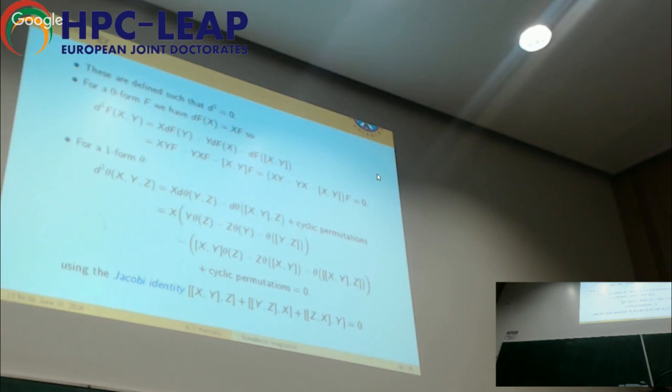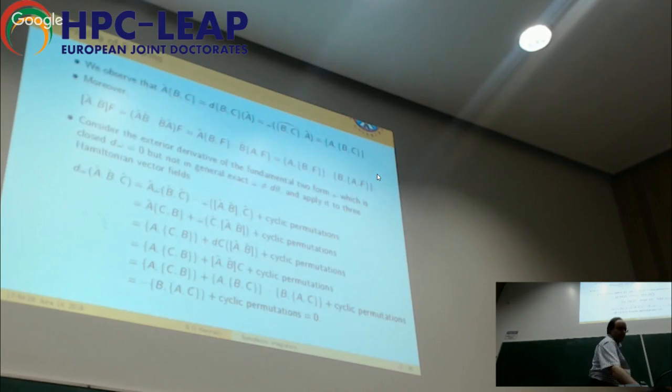You just expand out all the commutators and you'll see that it is 0 just by antisymmetry. Okay? So that's what guarantees that d squared of theta is always equal to 0 for any one form theta. Okay, you should check that with algebra, but it's actually not a trivial.